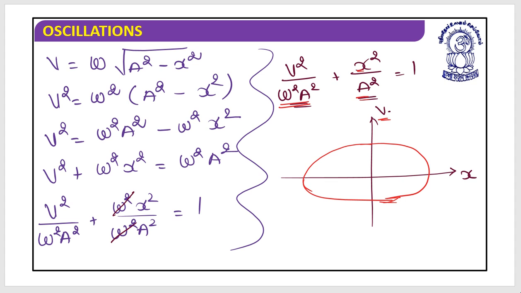The extreme value on the x-axis is A, on both sides, and the extreme value on the v-axis represents Aω. Please keep this in mind. Is it clear? Are you sure? Do you understand this is an ellipse? Great. So this is the graph for velocity versus displacement.